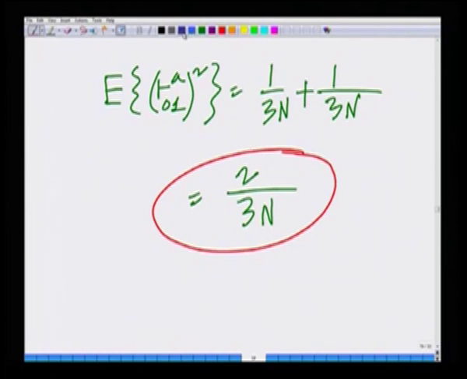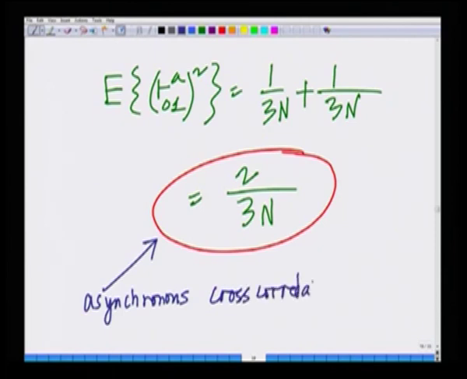This is an important quantity. This is nothing but the asynchronous cross correlation. Hence, nothing essentially changes, except now look at the variance.